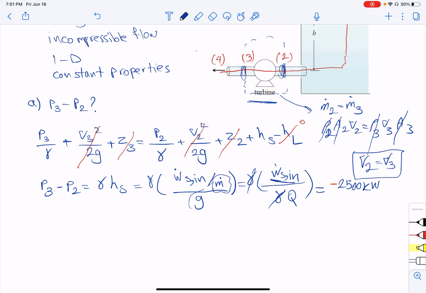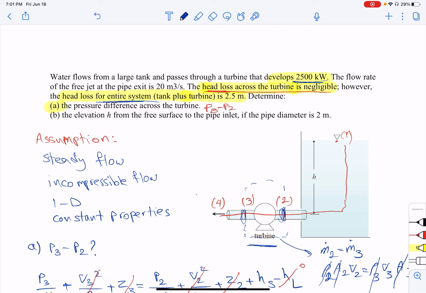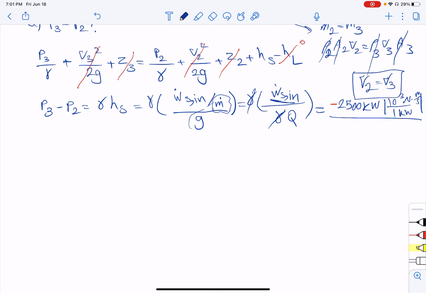Because it's kilowatts, you need to convert it: 1 kilowatt is 10 cubed Newton meter per second, right? And then the Q, do we have it? Yes, we have the flow rate, which is 20 meters cubed per second, the volumetric flow rate. So this is Q.